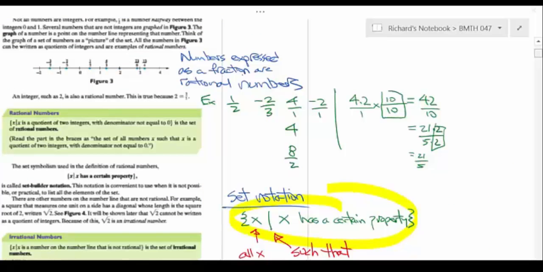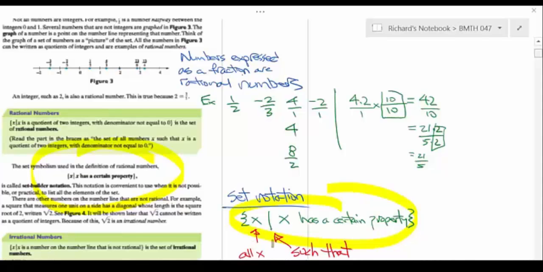A concept that people have problems with is the set notation. In your notes, there is this code that I'm going to explain for you. Notice you've got a curly bracket on the left, then an X, then a vertical line, and then a statement that X has a certain property. Starting with the X, which comes right after the curly bracket, the way you read this is "all X."